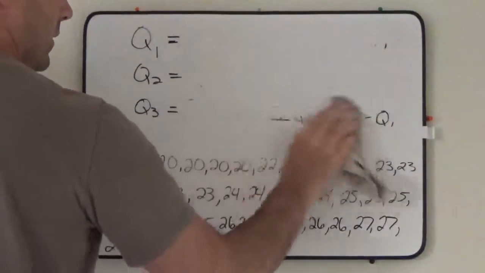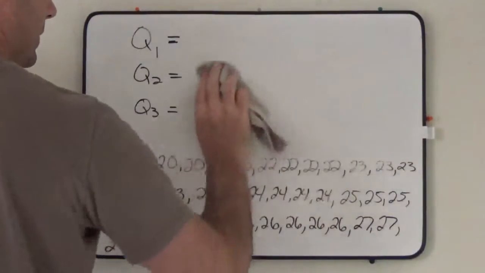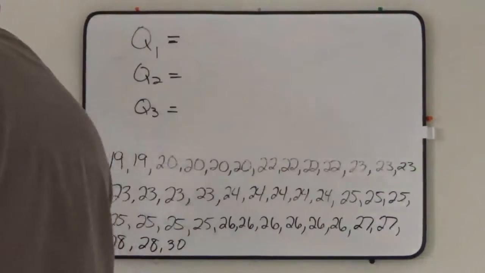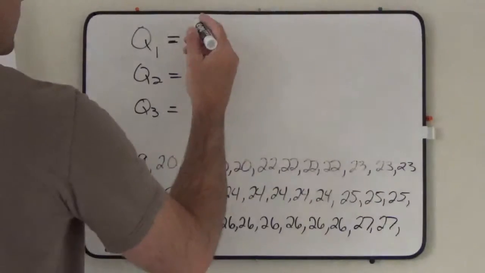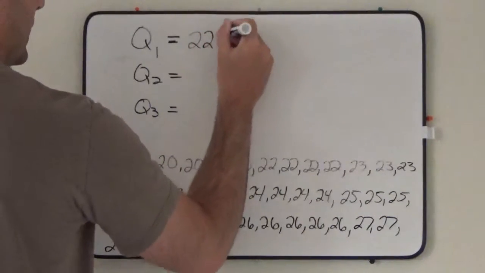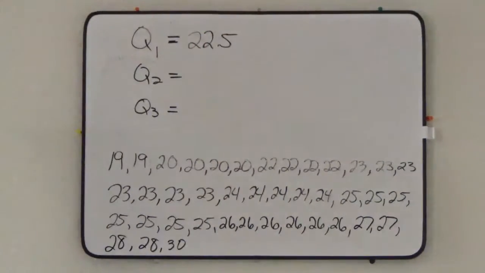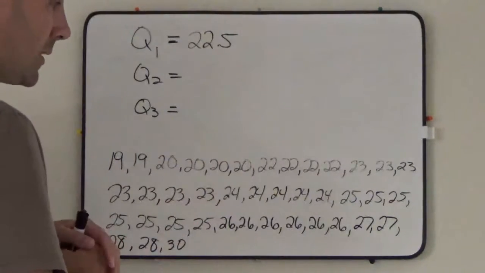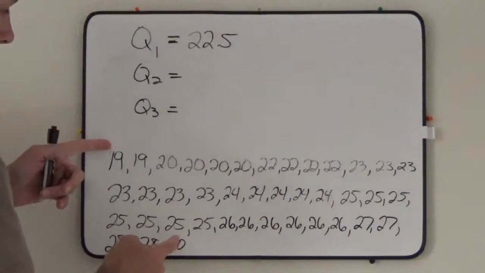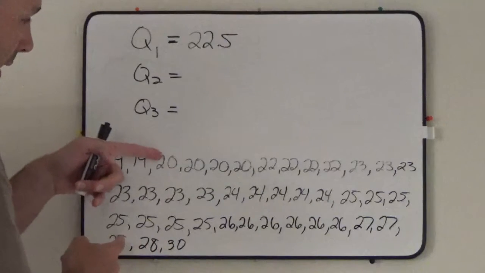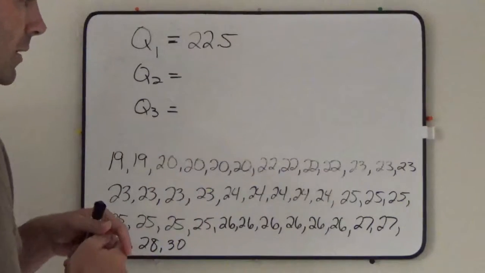Quartile 1 was 22.5, so that's taken care of now. Quartile 2, you'll remember, is the median. Now the median is the middle number. I've already taken the time to arrange the data from least to greatest. So what I would do here is I would start eliminating from both sides until I meet in the middle somewhere.